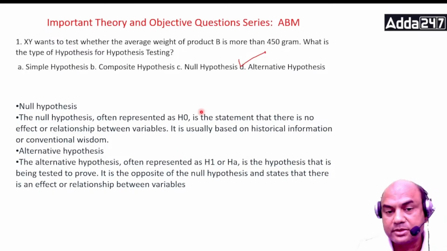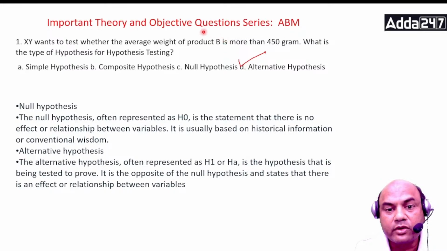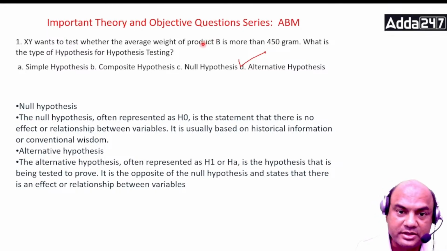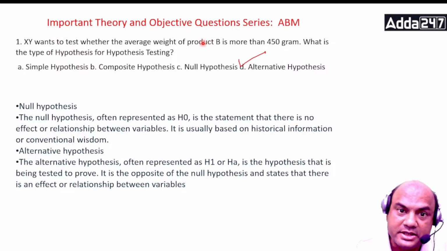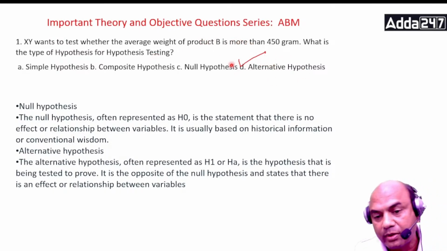Now what do you mean by this? Look at this. Whether the weight of the product is more than 450 grams. When I want to measure the weight of any product, I have to do it in comparison to something else, to the grammage. So there I am taking the relationship between the grammage and my product. So that's why we'll be using alternative hypothesis over here.